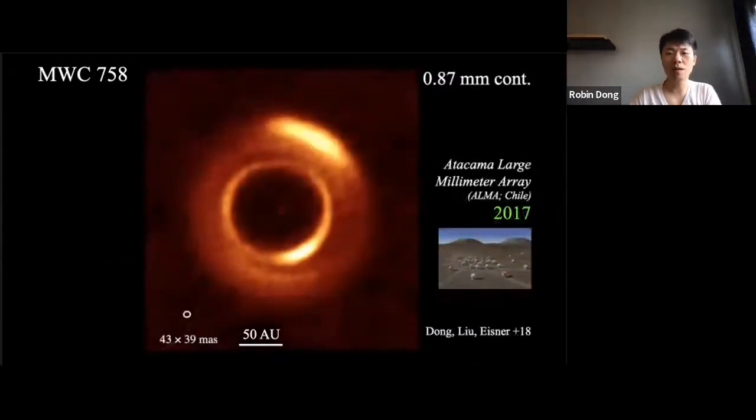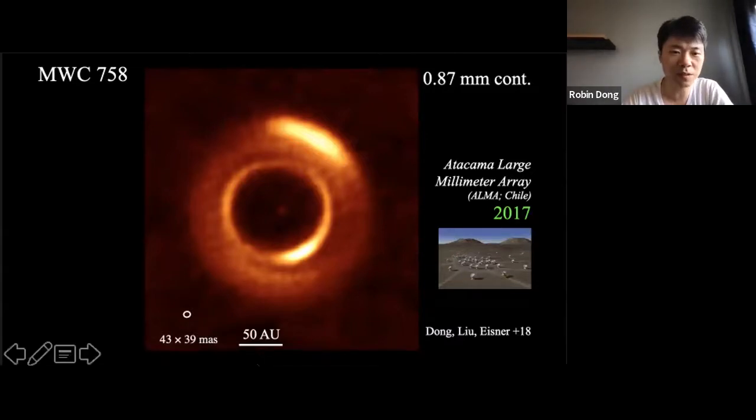ALMA brought us a number of advances in disk observation at submillimeter wavelengths. Perhaps the most important one is that it gives us an angular resolution about an order of magnitude better than the previous best. With this much improved angular resolution, it is as if we suddenly had a pair of good glasses. We can see the structure a lot better.